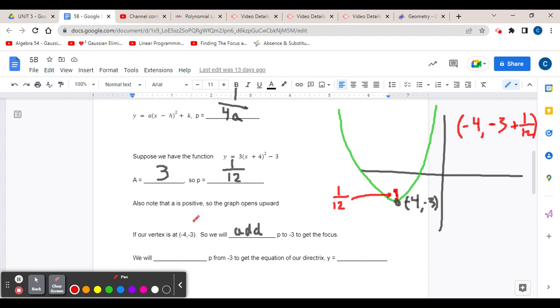All right, so the coordinates of our focus right here are going to be at -4 and -3 plus 1/12. Let me get my calculator out here. That is going to be -2.916 repeating. That's going to be our focus point right there.